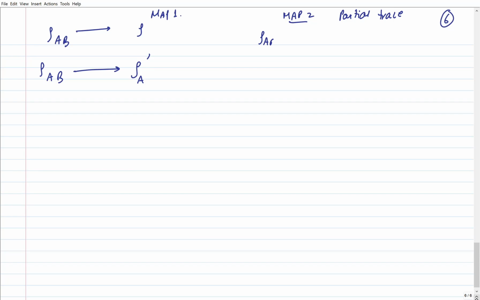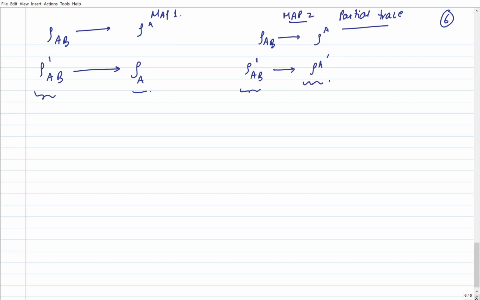That gives me ρ_AB to ρ_A, and for some other state, it gives me ρ_A prime. So on some density matrix, there exists a density matrix over which these two maps differ from each other. The partial trace map gives me ρ_A prime, and this map gives me ρ_A.